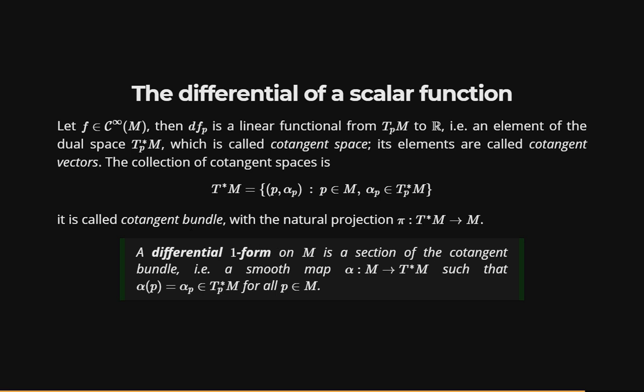Something that takes, for each point, a tangent vector and gives you back a number. So on the manifold, it takes a vector field and gives you back a function. So differential one forms are functionals on tangent vector fields. They eat a vector field and spit out a function. At each point, they eat a tangent vector and spit out a number, the value of the function at that point.